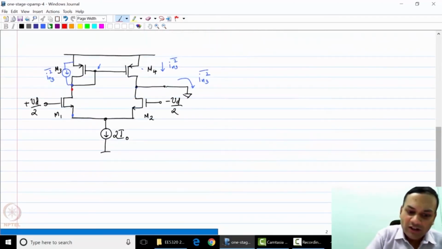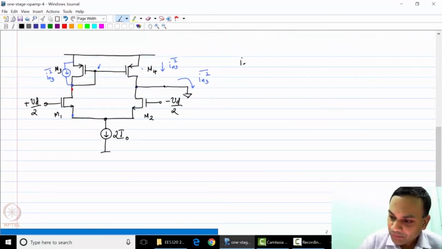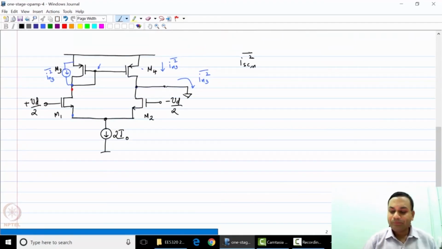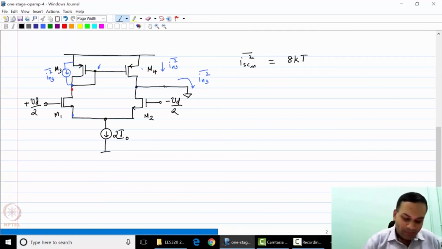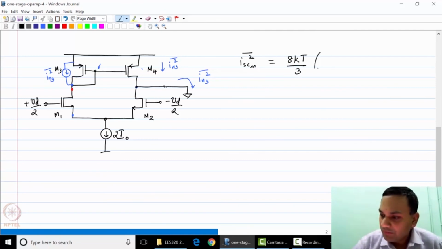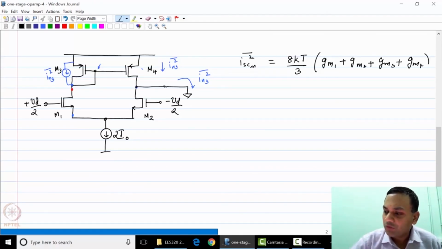Therefore, the total short circuit noise current of the transistor is nothing but 8 kT by 3 into GM1 plus GM2 plus GM3 plus GM4, into delta F.